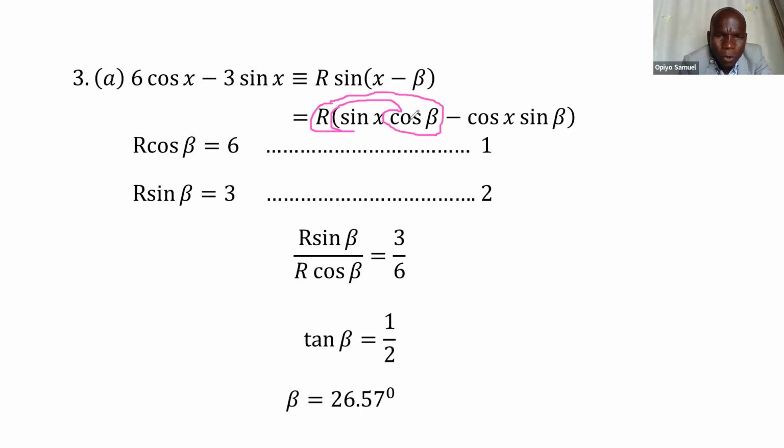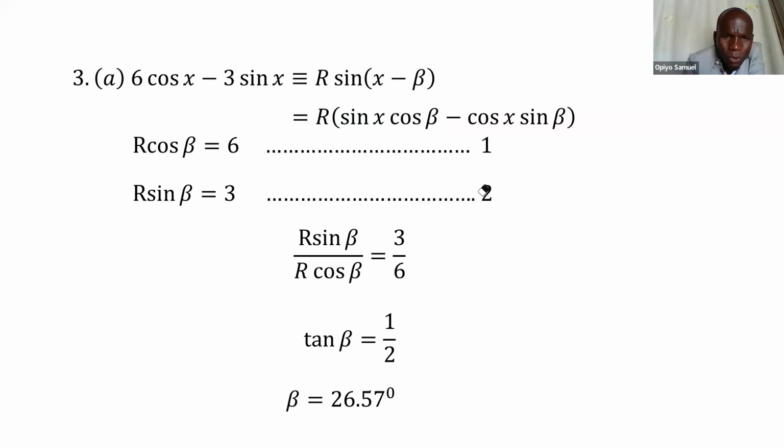So we equate the coefficient of sine x, which is supposed to be 3. Then this one, R sine beta, will also be constant. We can equate. So after doing that, we can solve the two equations simultaneously.